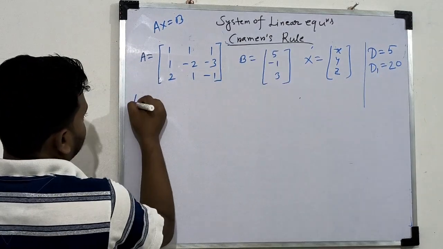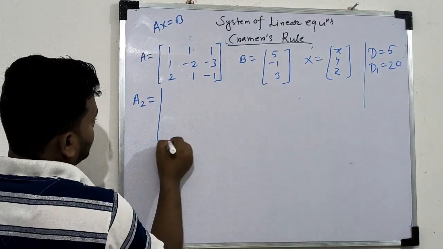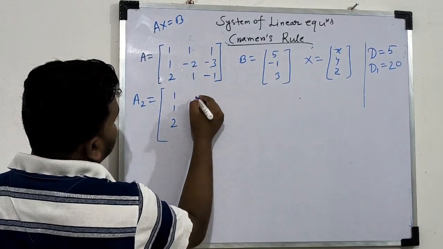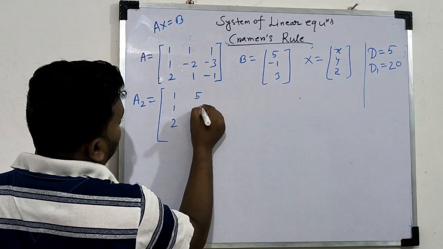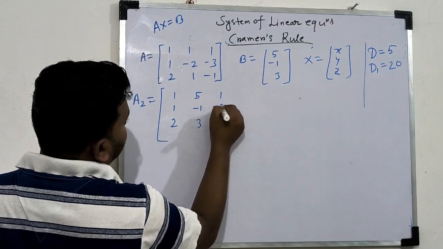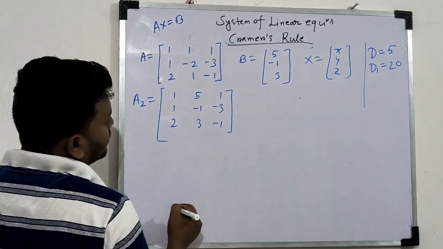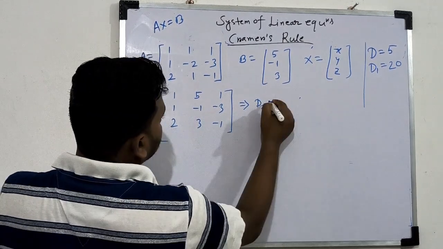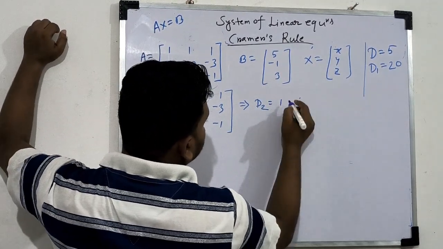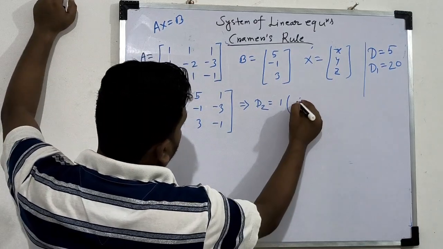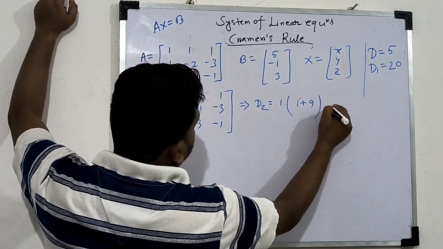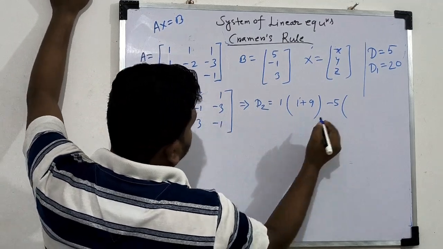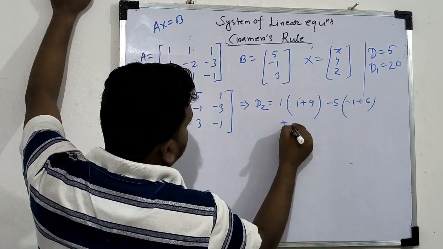And now we make A2, that is we replace the second column by b. So the first column remains the same, the second column will be 5, minus 1, 3, and the third is 1, minus 3, minus 1. And from this we get D2, that is the determinant of A2. So this will become 1 into 1 plus 9, minus 5 into minus 1 plus 6, and plus 1.